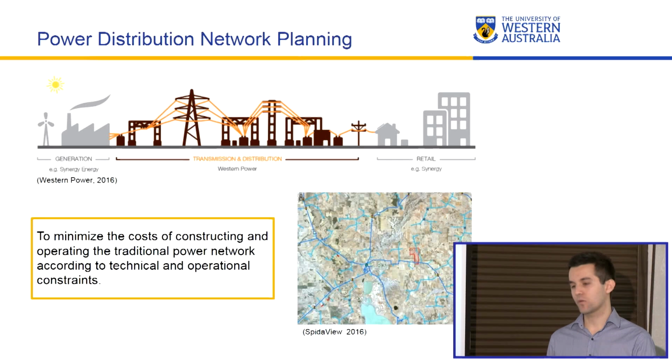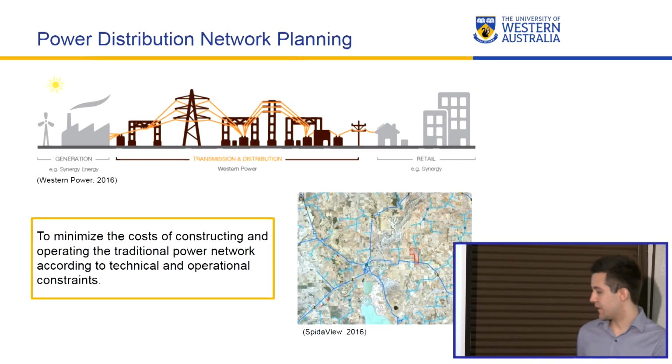The constraints, while they can be quite numerous, in general they are based on a certain voltage constraint. You need to have an adequate voltage being supplied to a customer, as well as radiality constraints and some other general power system laws, such as your standard KCL and KVL throughout the network.